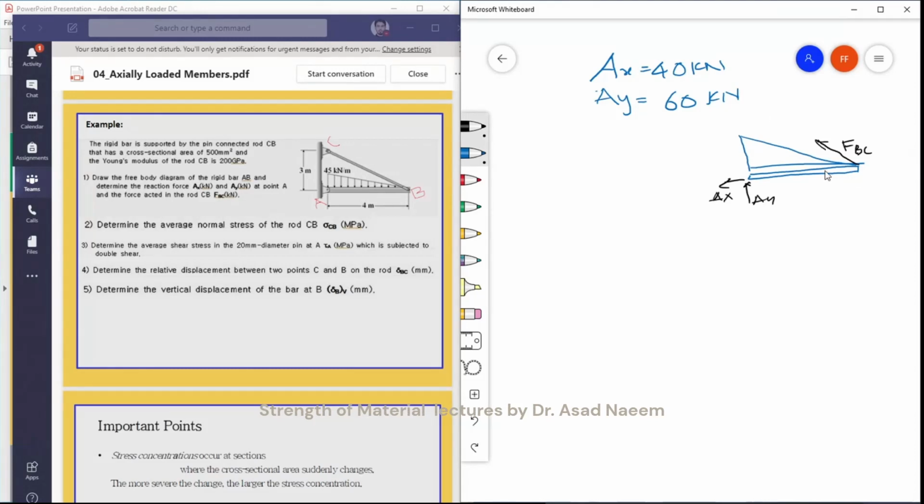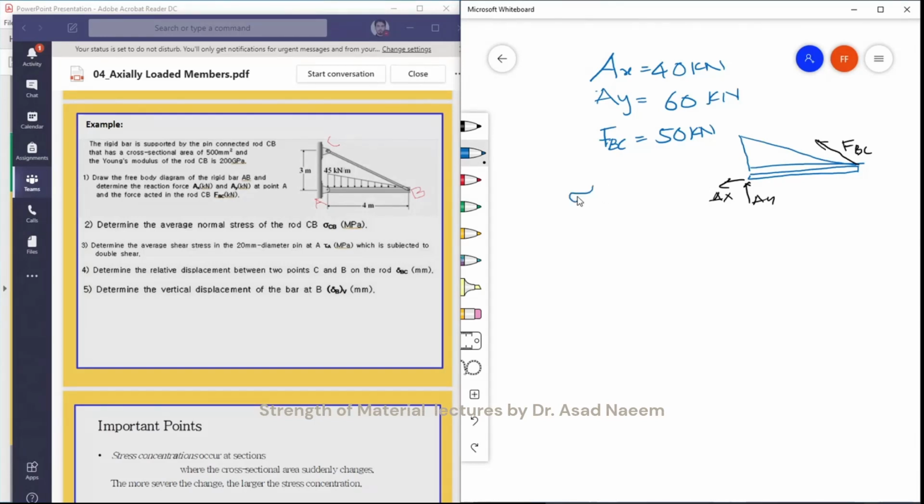Similarly, you can calculate using the equilibrium equations. FBC is 50 kilonewton. Okay, so this portion is like the previous numericals, so it's not difficult.